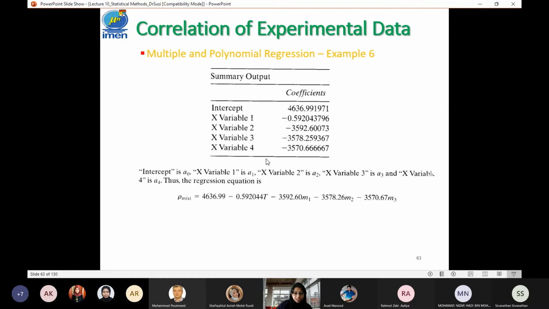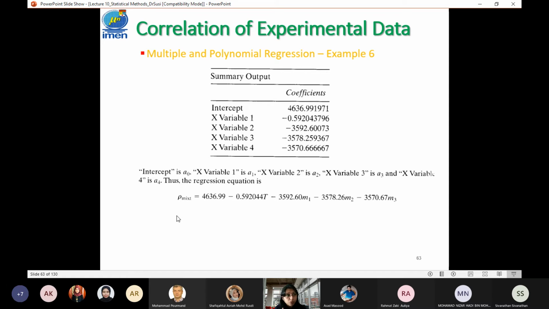So when you do the multiple regression in Excel or some other statistical software, you can get the density of the mixture equal to the intercept value minus a value related to the temperature, minus the second variable, which is the mass of M1, the mass of M2, and the mass of M3. So one nice equation to relate all the parameters to determine the density of the oil. So this is multiple and polynomial regression.